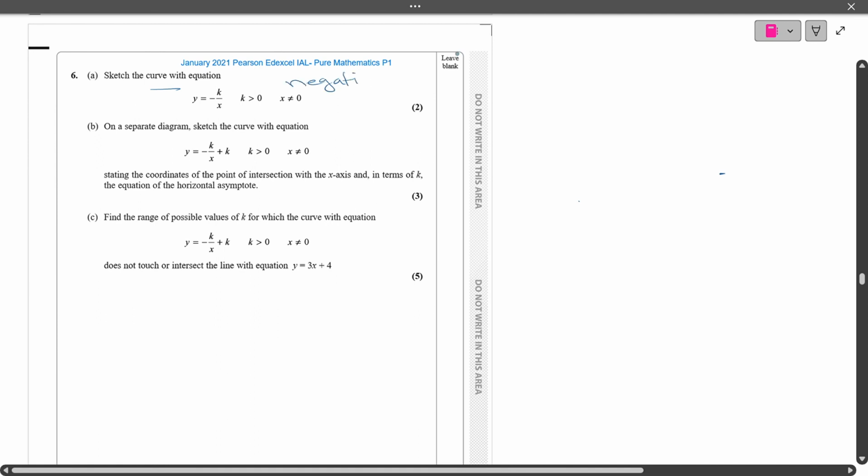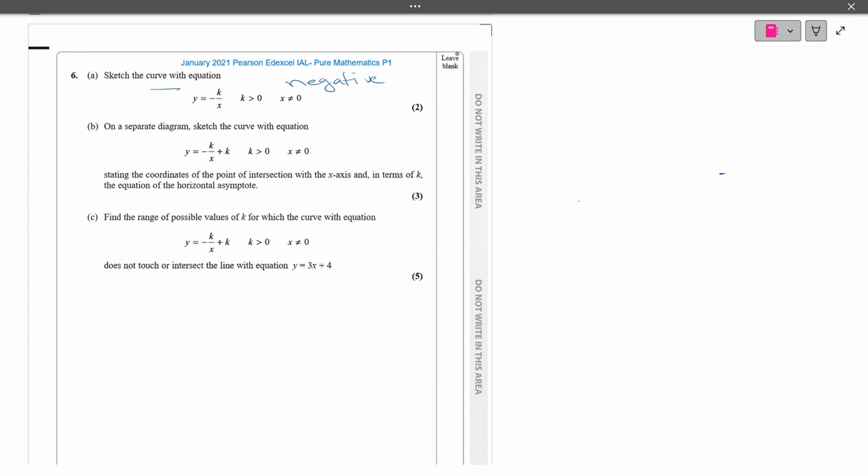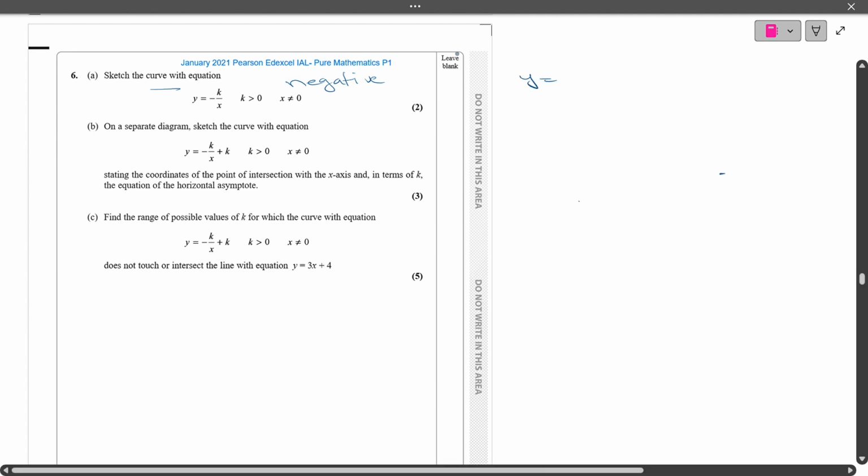So first of all, we should know how the reciprocal graph looks. If I draw y equals 1 over x, this is a reciprocal function. Let me draw a line here.